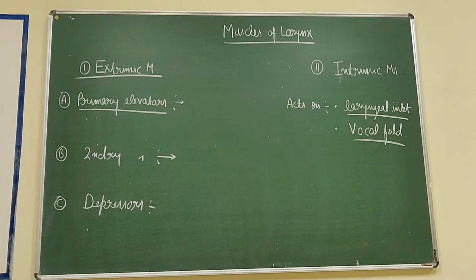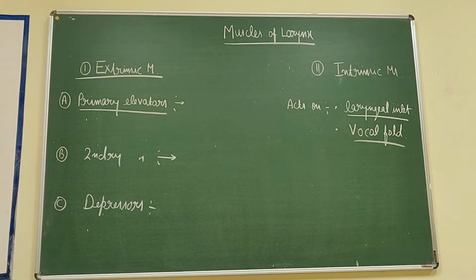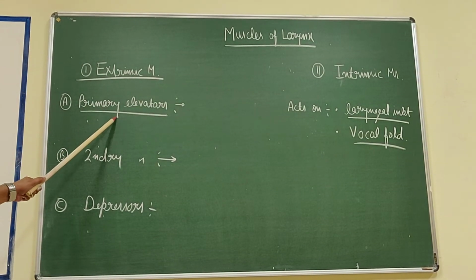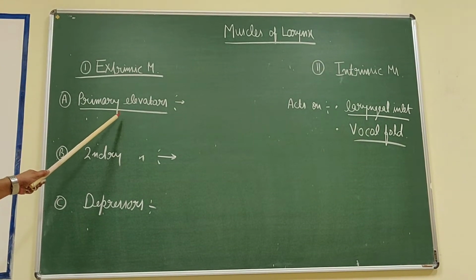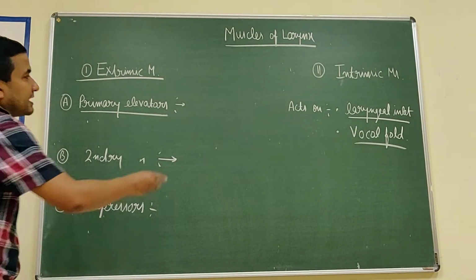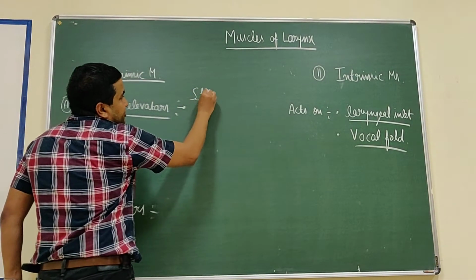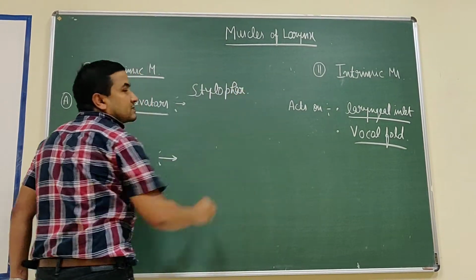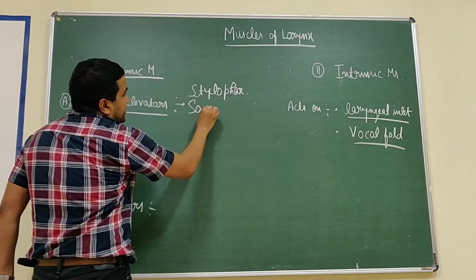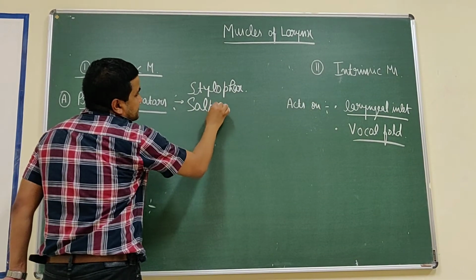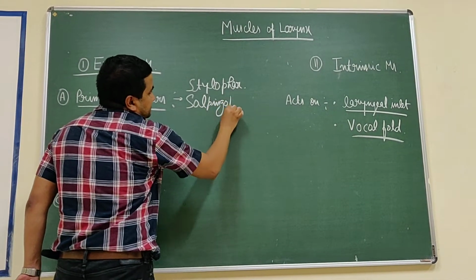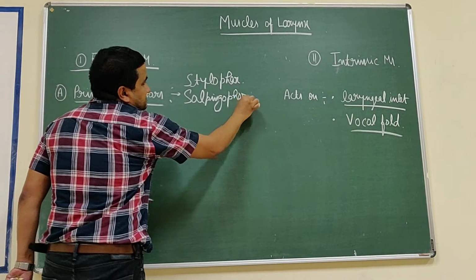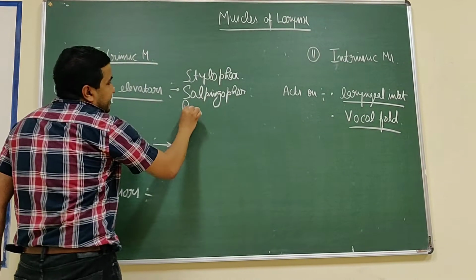The primary elevators are the muscles attached to the posterior border of the thyroid cartilage: stylopharyngeus, salpingopharyngeus, and palatopharyngeus.